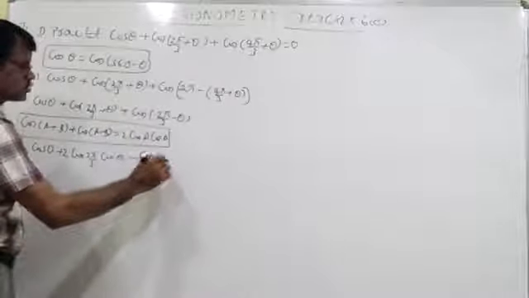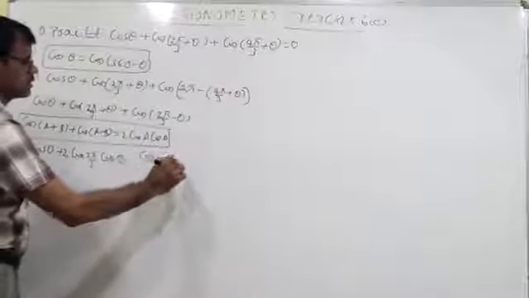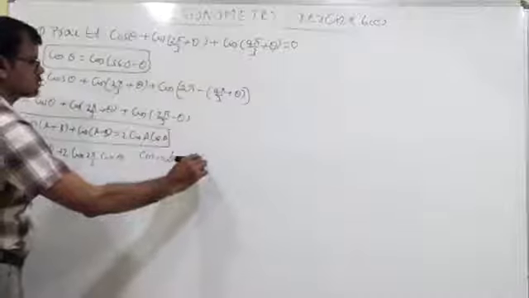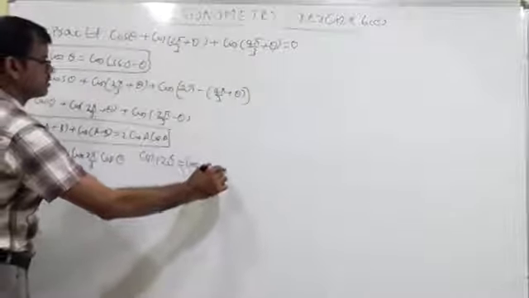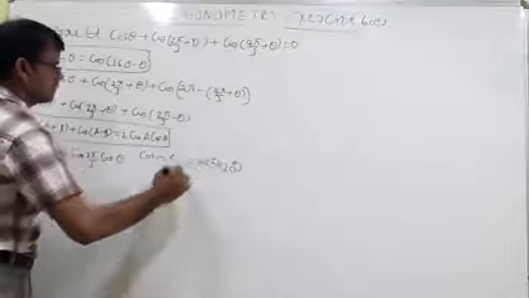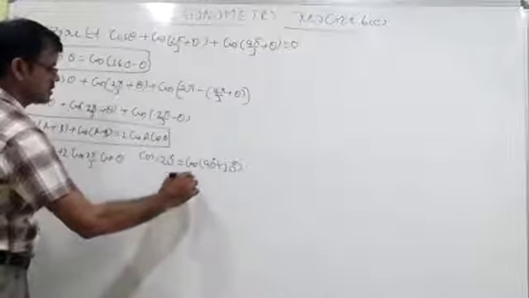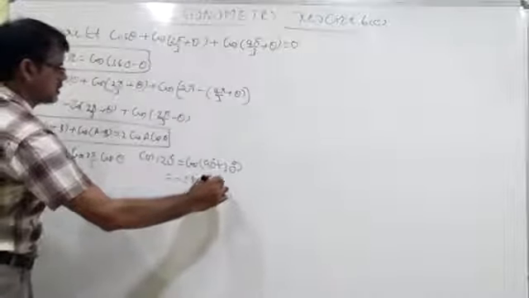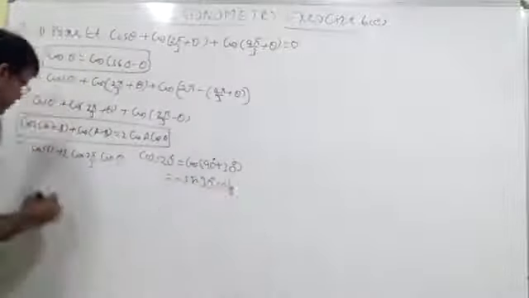Here cos 2 pi by 3 means cos 120. Cos 120 can be understood as cos of 90 plus 30, and this is nothing but minus sine 30. So it is minus 1 by 2.